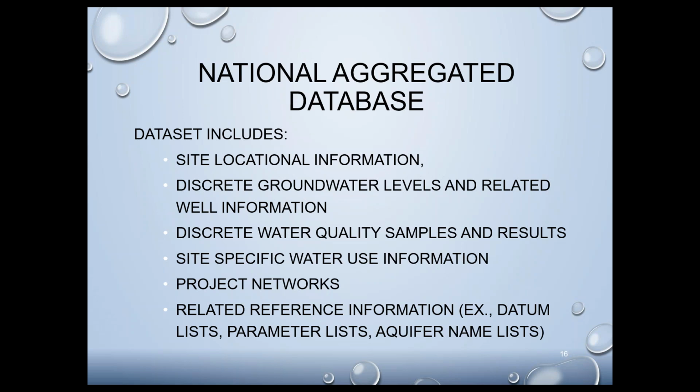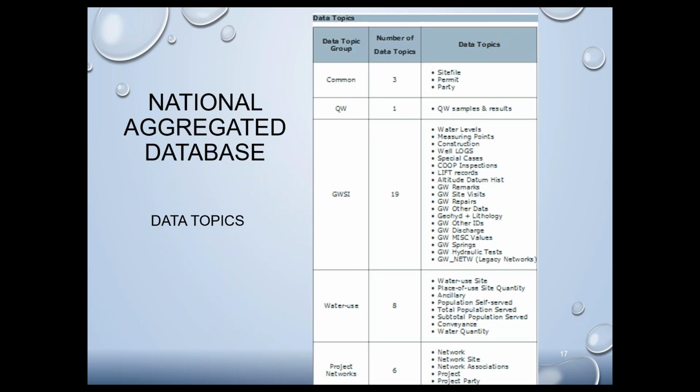Again, project networks, I mentioned that you can assign a network to your well so that you can keep a project's wells together if you want to retrieve that data, and also related reference lists and information that are common to all of those sites. These are the topics. We call them topics, but these are the data tables that are shared onto the aggregated database.